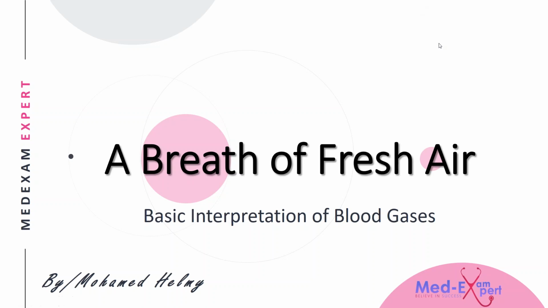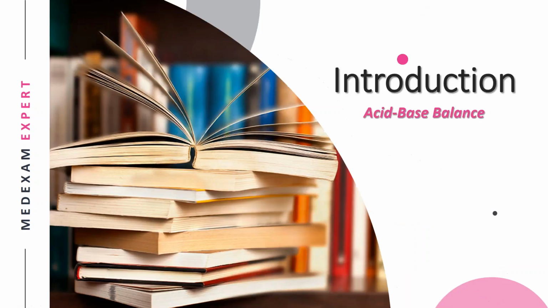So before we go through the steps to interpret the arterial blood gases, first we should have some information, a quick introduction about some basic concepts in what's called the acid-base balance.